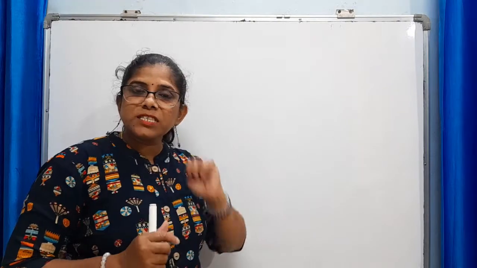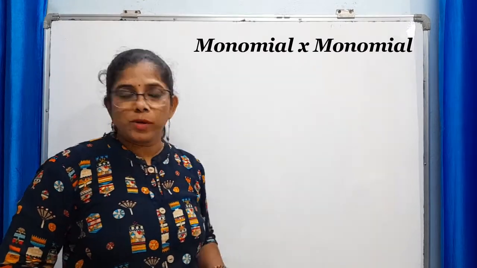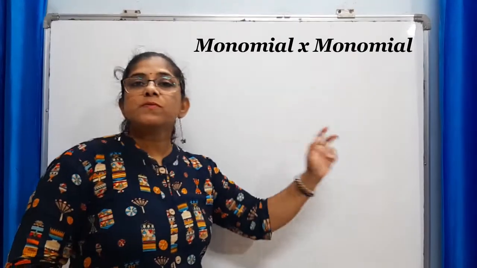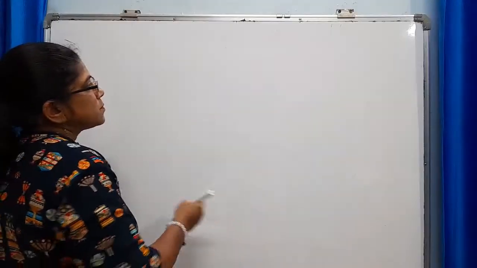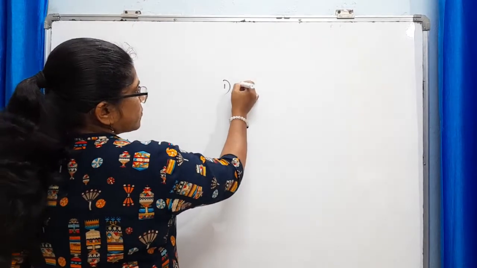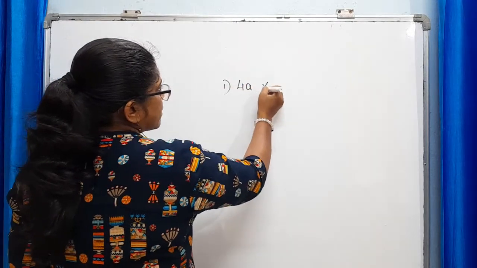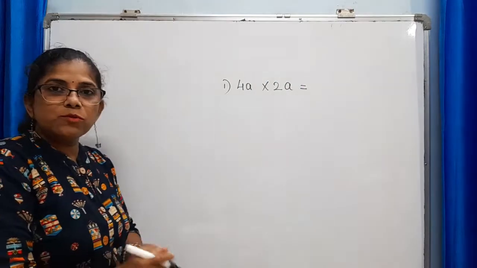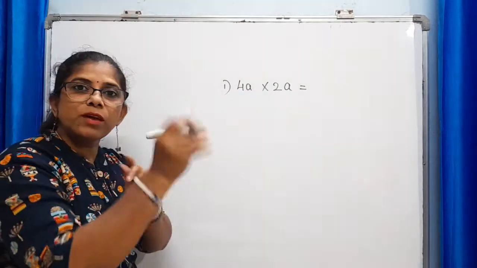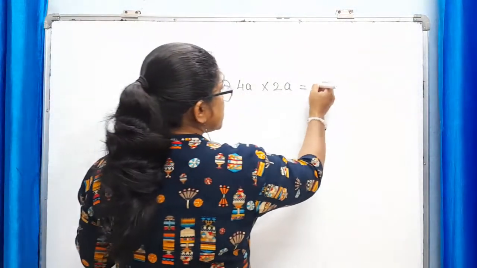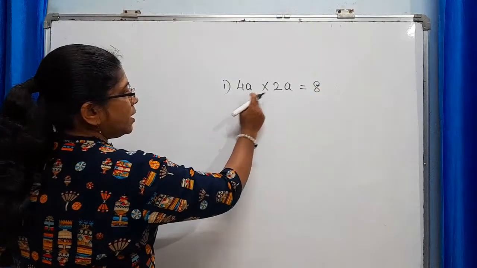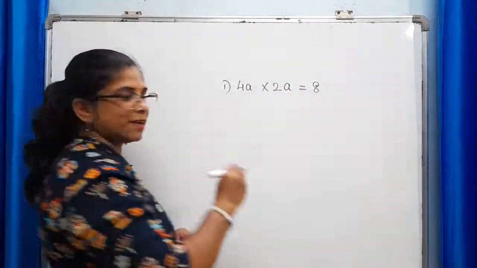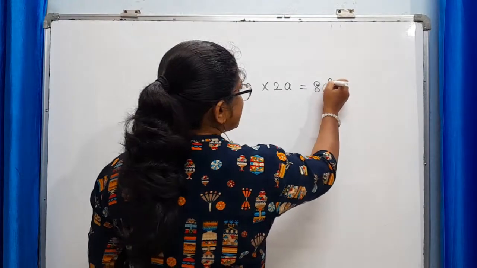Now first we will start with monomial into monomial. Means single term into single term. One term into one term. 4a into 2a. Now here what we have to do, whatever numbers we have, that we have to multiply first. 4 2s are 8. A into a is a square.